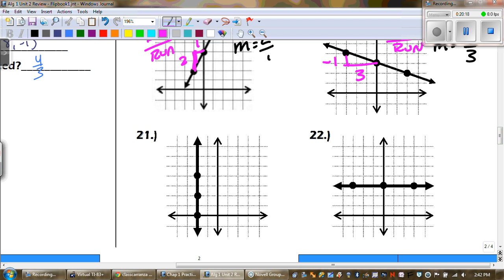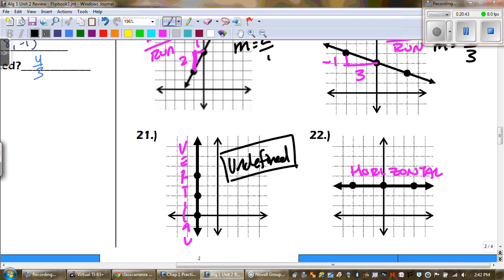And for 21 and 22, these are special cases. You need to know right away that this is a vertical line, and a vertical line has an undefined slope. In 22, the line is horizontal.